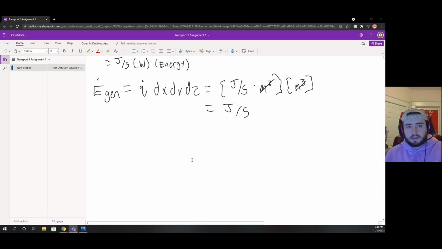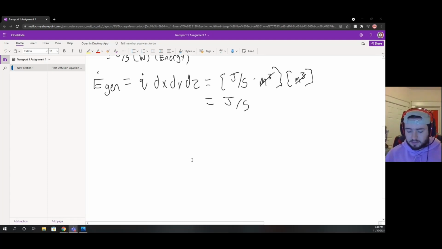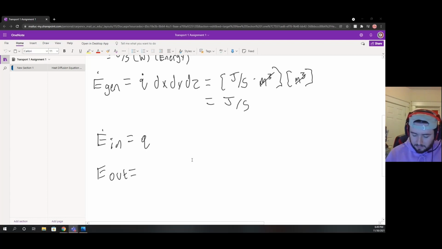Now we're going to look at the next terms, which are the energy flowing in and the energy flowing out. The energy flowing in is going to be the energy flow for x plus the energy flow for y plus the energy flow for z.